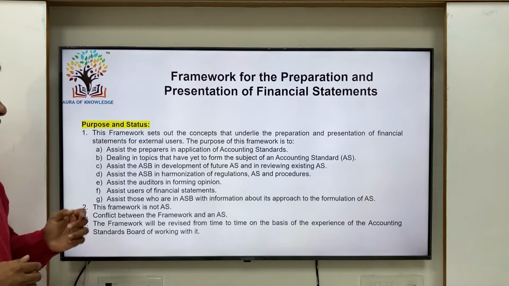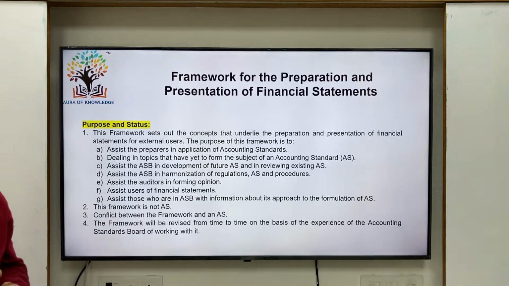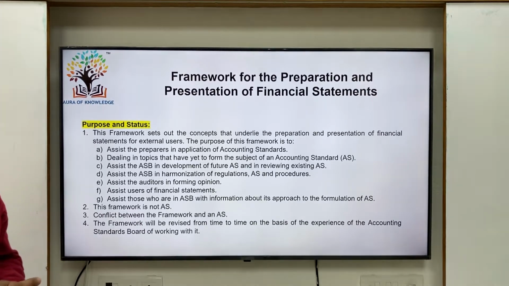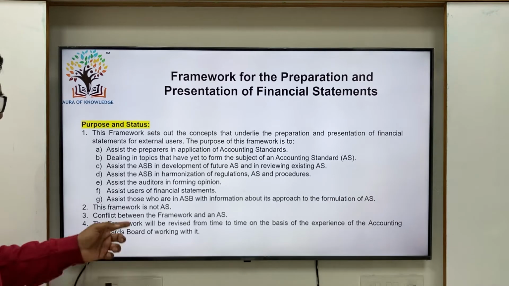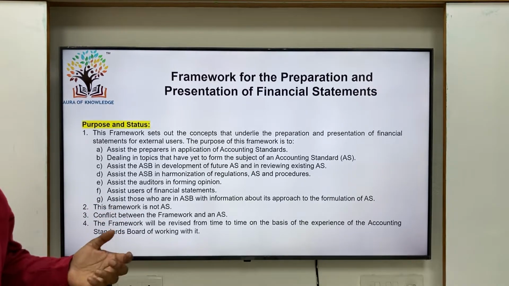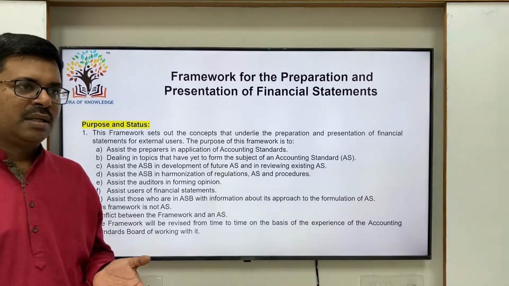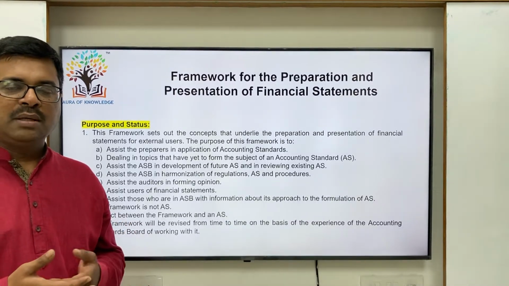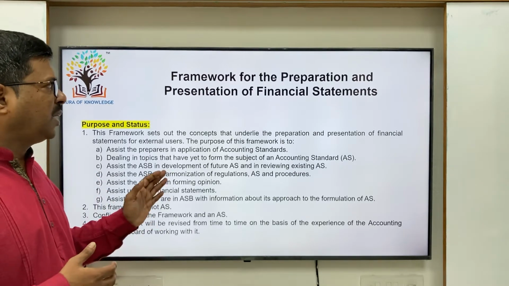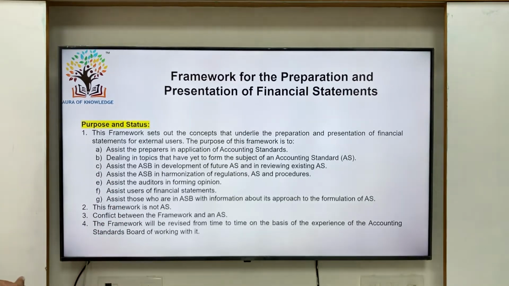And it helps the auditors in forming an opinion whether all the accounting standards have been followed by the organization or not. And it also assists the users of financial statements, say for example lenders or investors, to know whether the company is properly following all the accounting standards or not. It can be understood by going through this framework and referring to the financial statements.